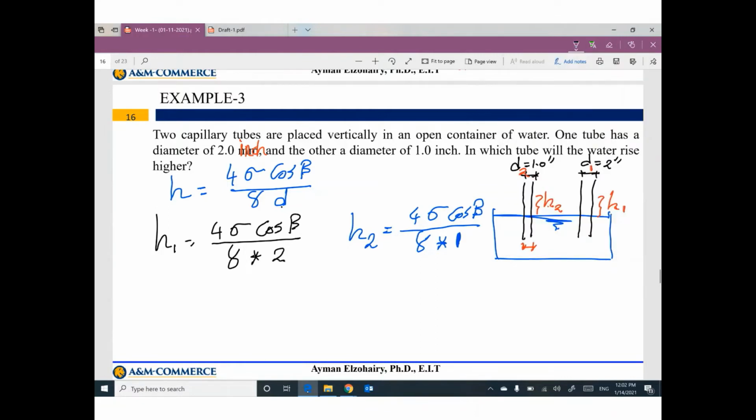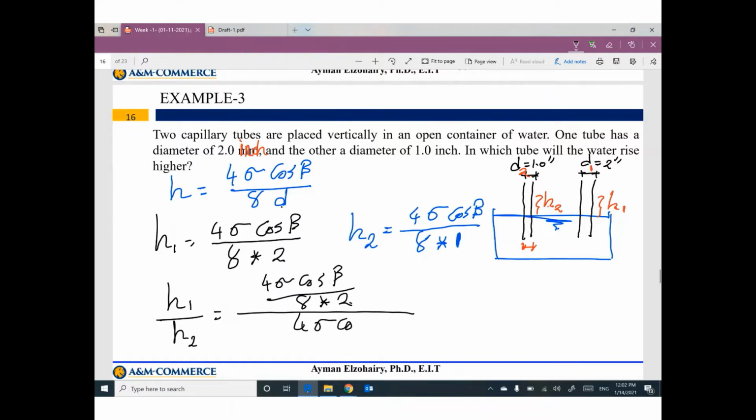So if you would like to divide H1 by H2, just divide. 4 sigma cosine beta divided by gamma times 2, divided by 4 sigma cosine beta divided by gamma times 1. Guys, the problem said we are putting the two tubes in the same container with the same liquid, which is water.